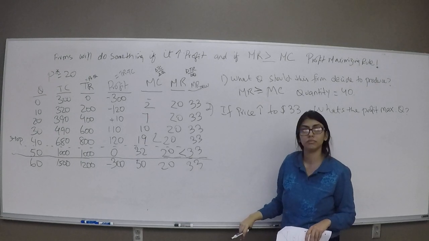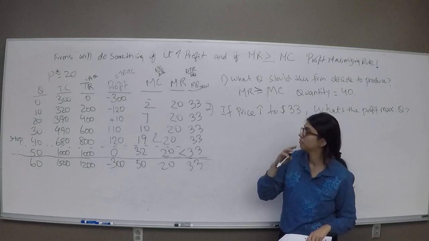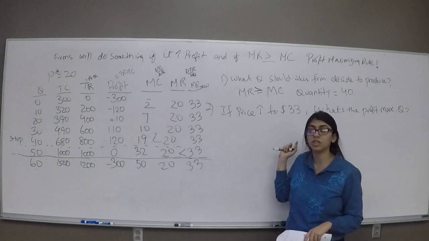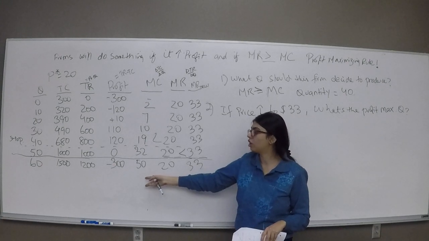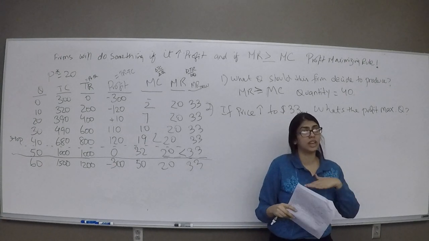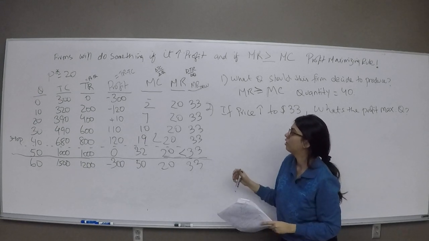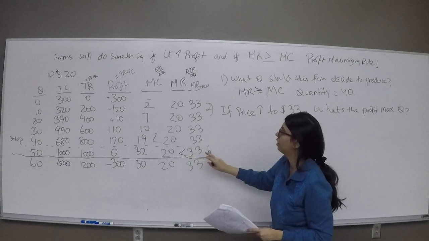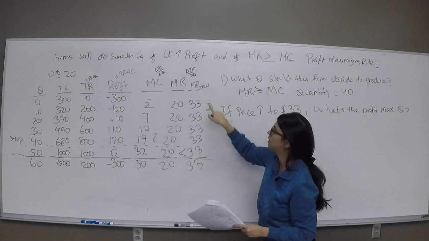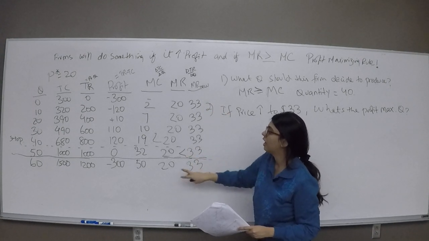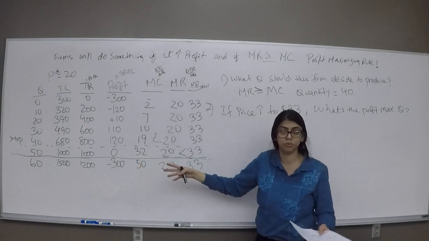So marginal cost isn't affected by the price going up? No. Price went up, it's still costing you the same to produce the quantity. The only thing you're changing is the price, which is marginal revenue, and everything else is the same in this question.